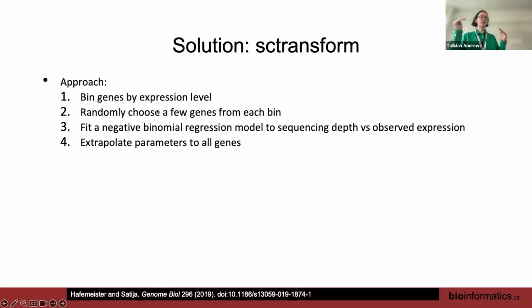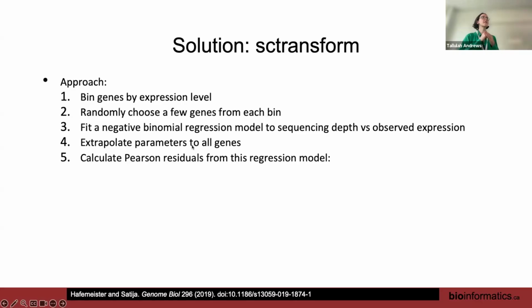That estimates what that relationship is, then it extrapolates from those few genes it fit to the rest of the genes across the whole genome. And then it just calculates the residuals from that relationship. So we're taking a regression and calculating the residuals from it, and that becomes our new normalized expression values.